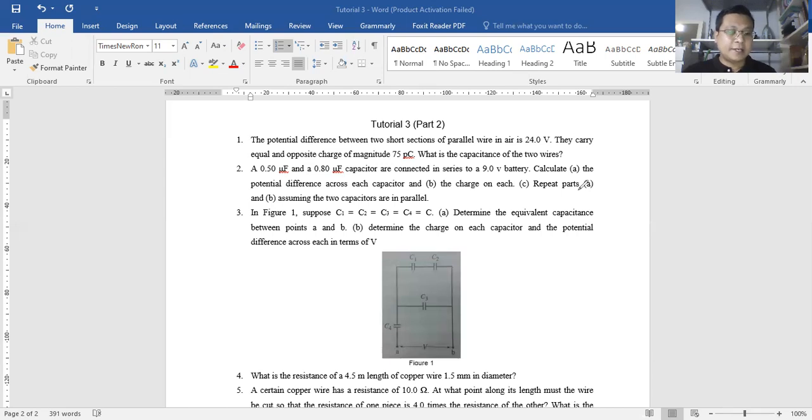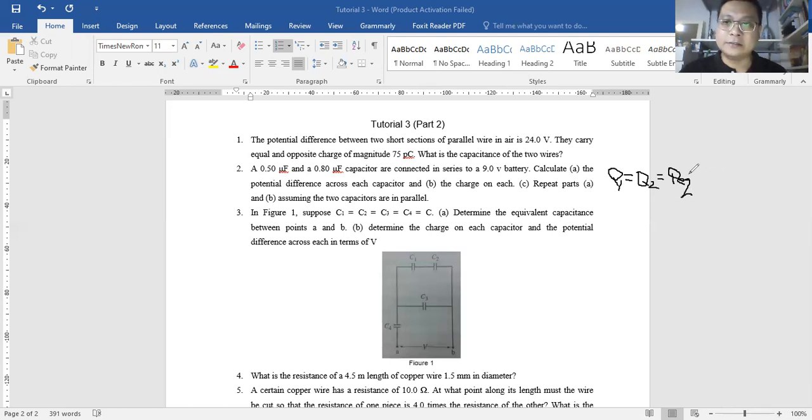So we have here two capacitors, 0.5 and 0.8. We try to derive the formula first. Q1 equal to Q2 equal to Q equivalent.